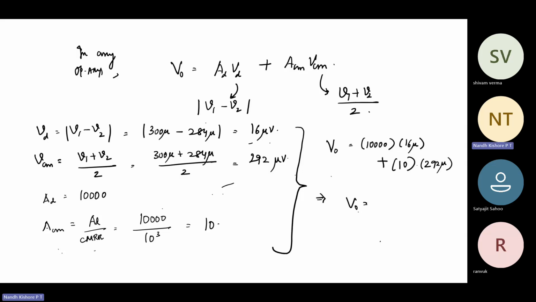So 10,000 times 16 micro is basically 0.16, and this is negligible. So V0 is basically 0.16292 volts, or 0.163 volts.